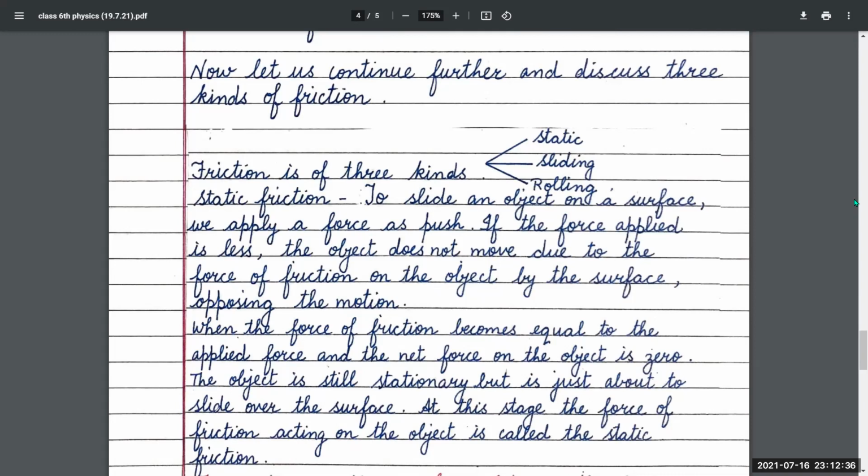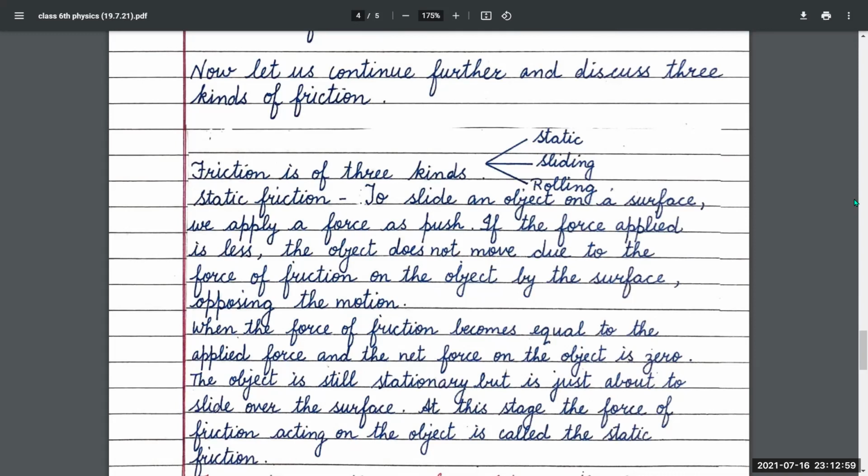When the force of friction becomes equal to the applied force, the net force on the object is zero. So the object is still stationary, but is just about to slide over the surface.